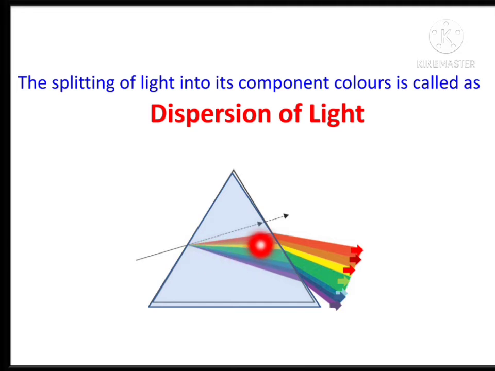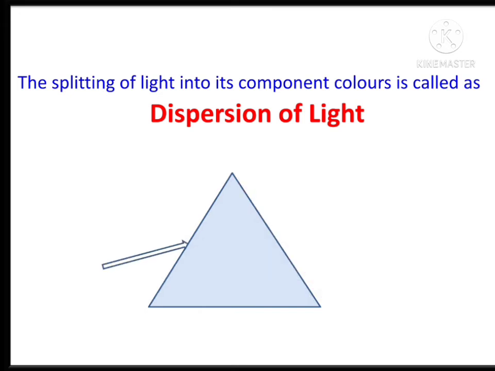On the other side, the emerging colored rays of light go in different directions, so we get a color band called a spectrum. This phenomenon is called dispersion of light. Scientist Isaac Newton first used a prism for the splitting of white light. Look here.